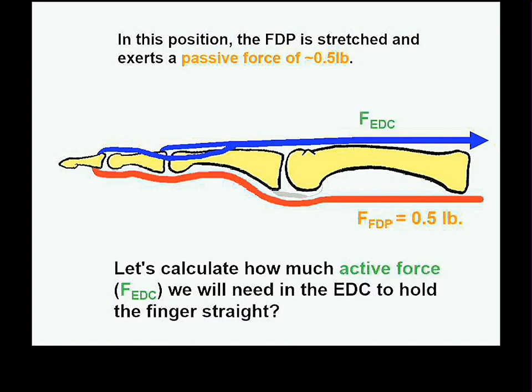So, you now want to say, let's calculate how much active force we need in the extensor digitorum communis that will hold this finger straight against that half a pound of passive force in the flexor digitorum profundus tendon. The extensor force, FEDC, the force in the extensor digitorum communis, is divided. Half goes into the central slip and the other half in the terminal tendon.